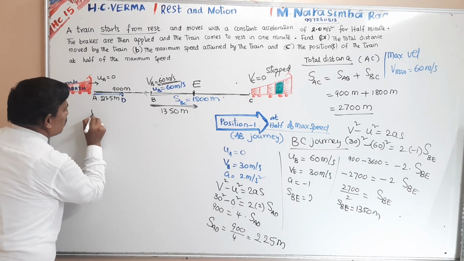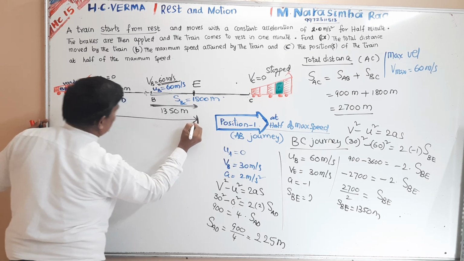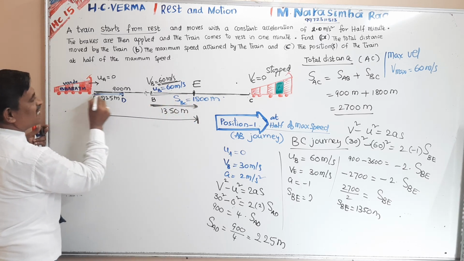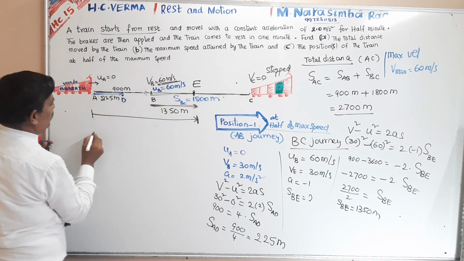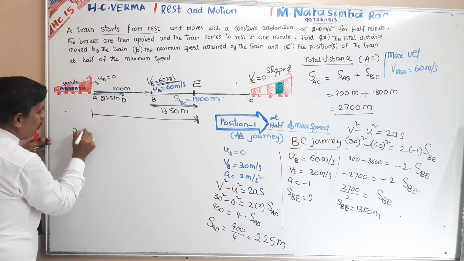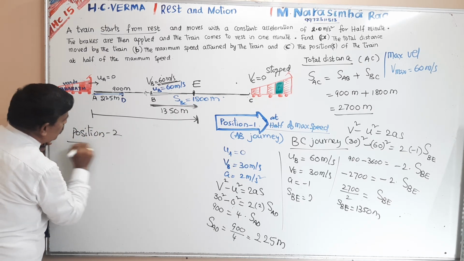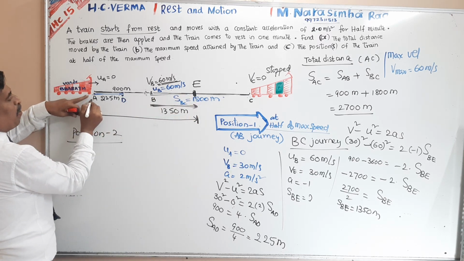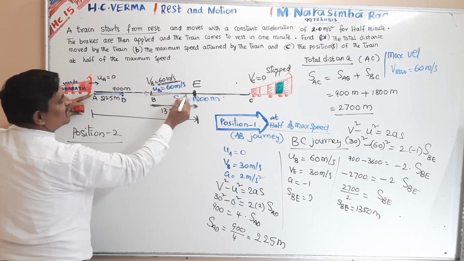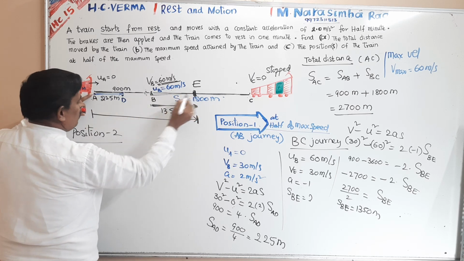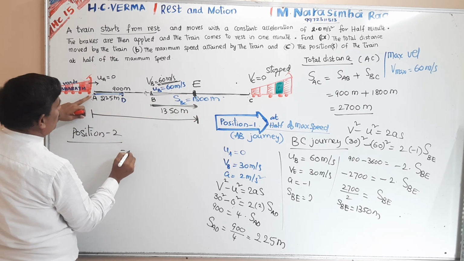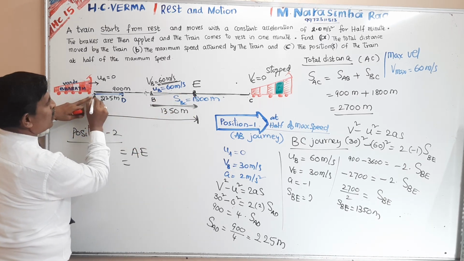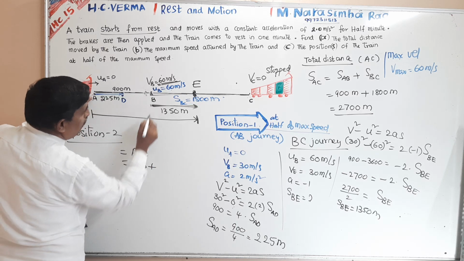Second position, from the starting point, the train is at this point E. AE is equal to AB plus BE.